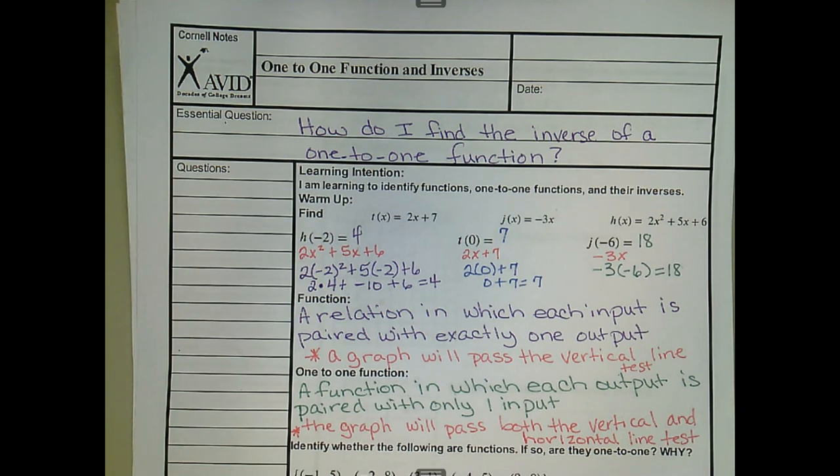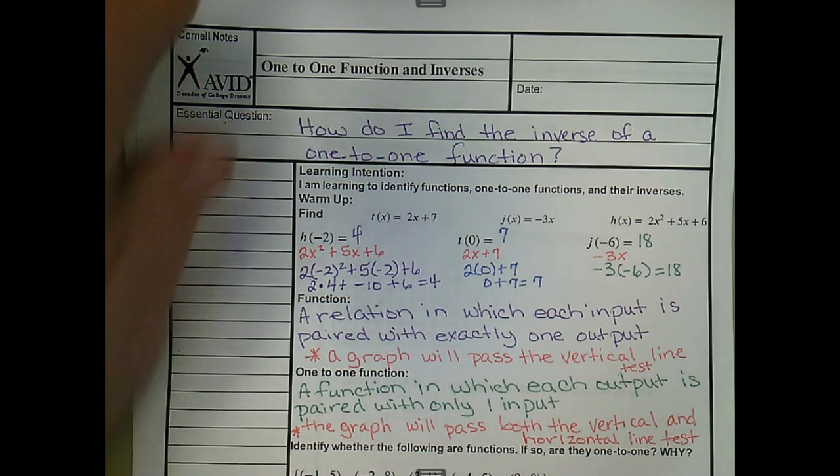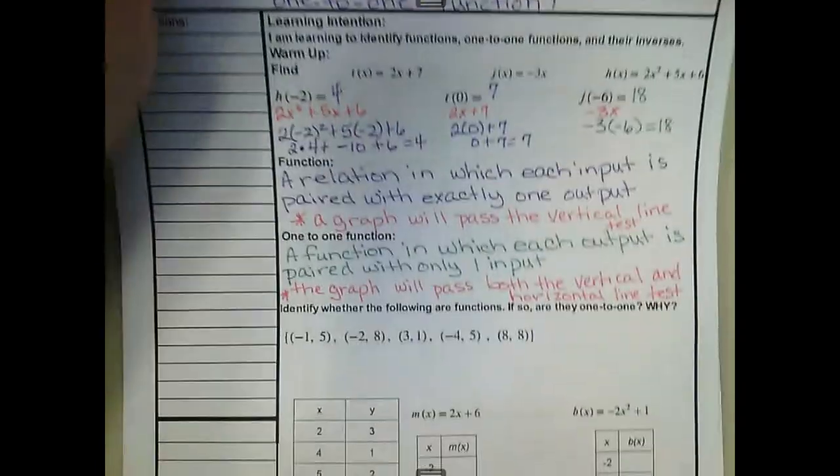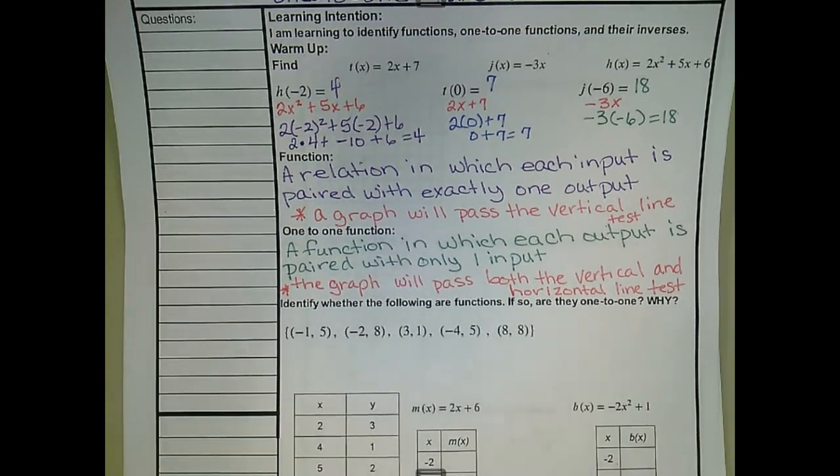So we've been working on functions. We looked at how to evaluate them. Now we're going to look at what a function is, and what a one-to-one function is, and how to find the inverse. So a function is a relation in which each input is paired with exactly one output.